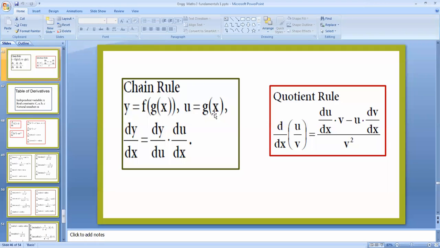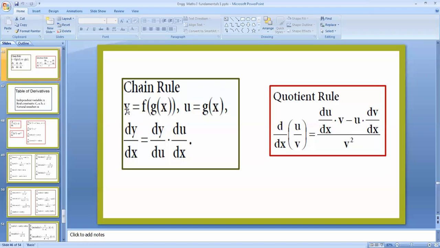In this function, there is only one independent variable. Suppose it has more than one independent variable, that is called a partial function. But it has only one independent variable. So u is a function of x, g of x. To find the derivative of u with respect to x, that is du by dx. So in the chain rule, first find the differential of y with respect to u and then u with respect to x.